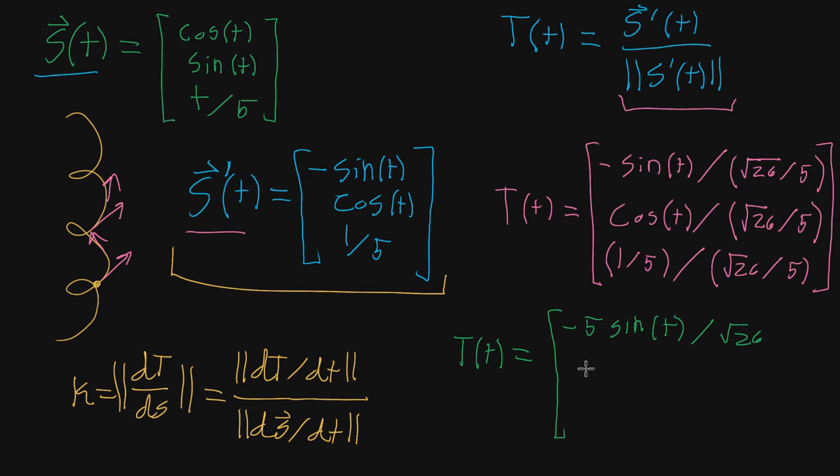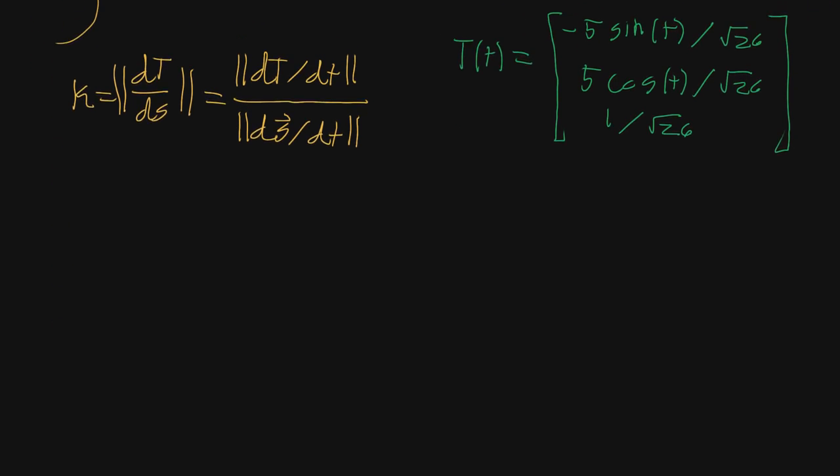And I'll do the same thing for cosine, where we move that 5 up into the numerator, cosine of t, divided by the root of 26. And then that last part, 1/5 divided by square root of 26 fifths, gives us just 1 divided by square root of 26.